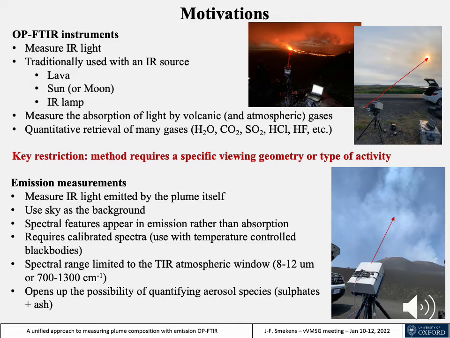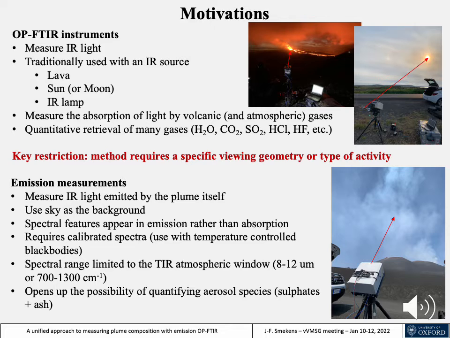Measuring the absorption of light by volcanic and atmospheric gases can lead to the quantitative retrieval of many volcanic gases of interest, and specifically ratios to investigate degassing processes, which can be related to exsolution depth, among other things.